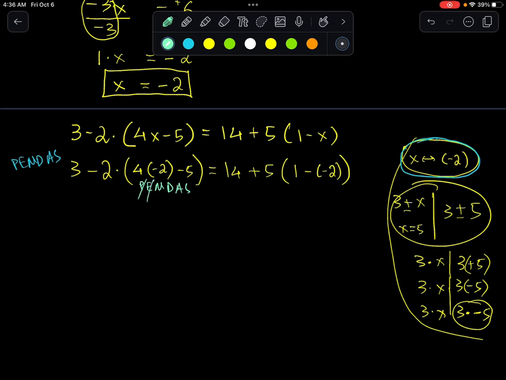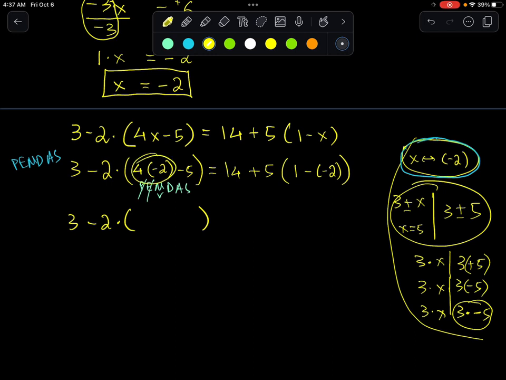Do I have exponents? No. Multiplications? Yes, here. It's 4 times -2. And this is what I'm going to do. Everything else drops. So 3 is going to drop, negative is gonna drop, 2 is gonna drop, times parenthesis drops, and see what happens on the inside.